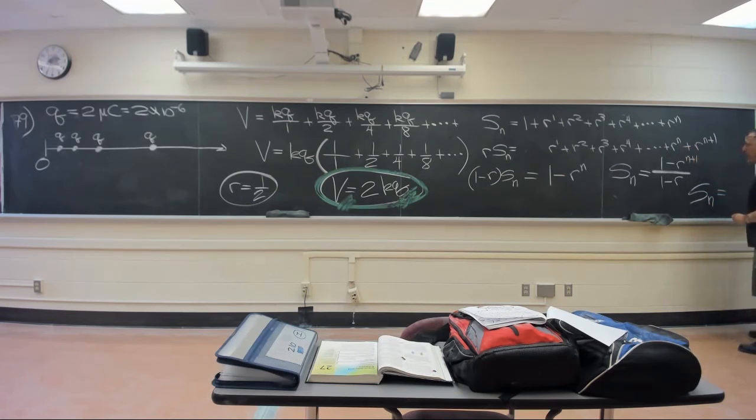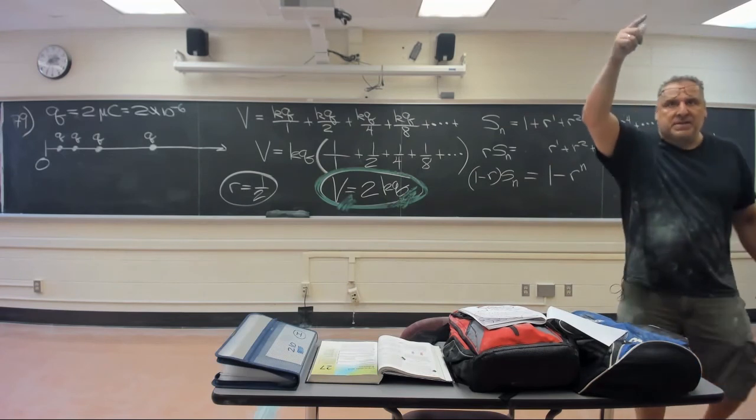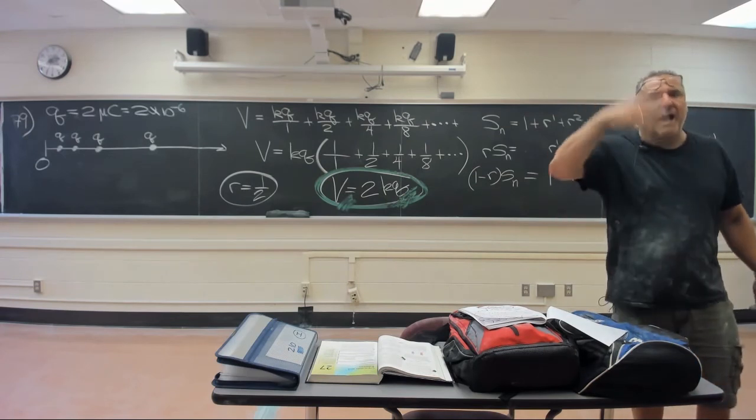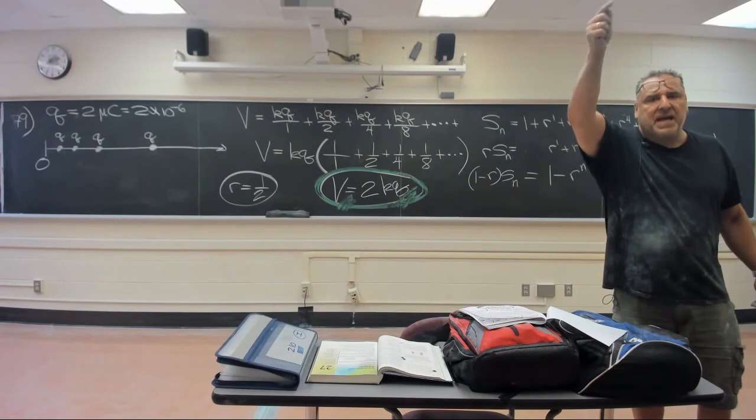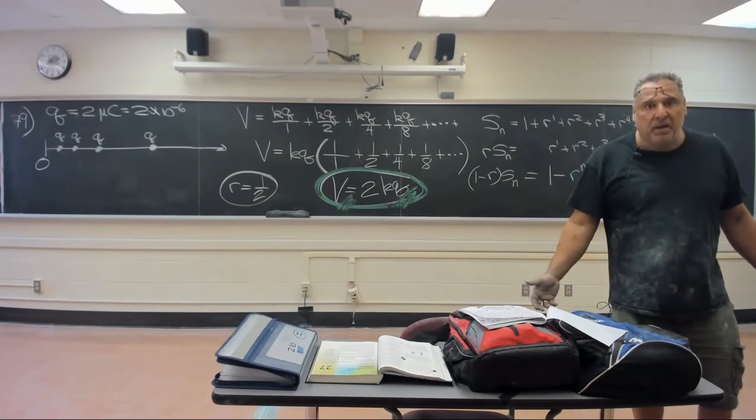R to the n plus 1, as this n plus 1 goes to infinity, if you take a half to the 10th power, it's 1 to the 10th divided by 2 to the 10th. 2 to the 10th? Are you kidding me?